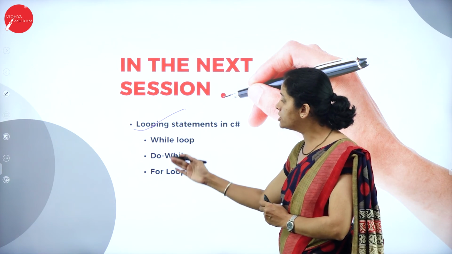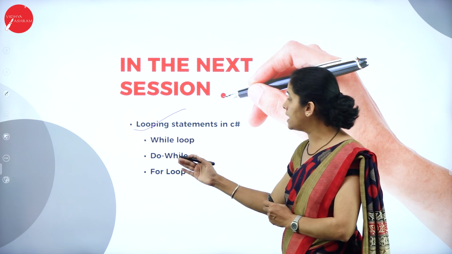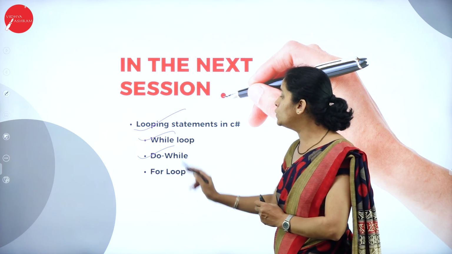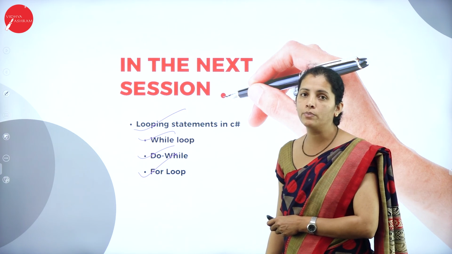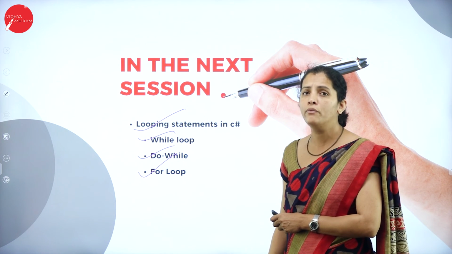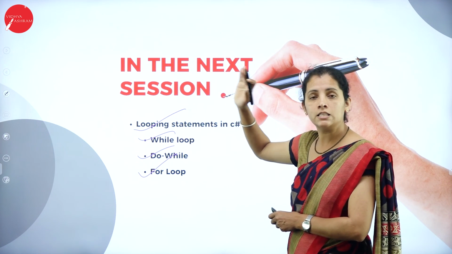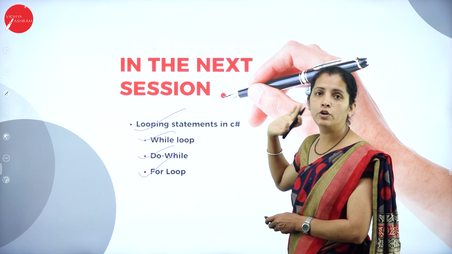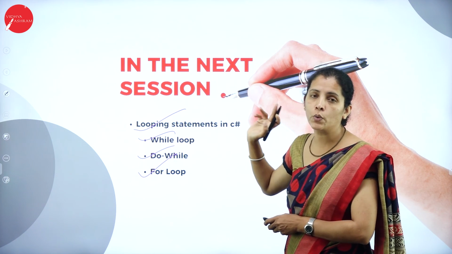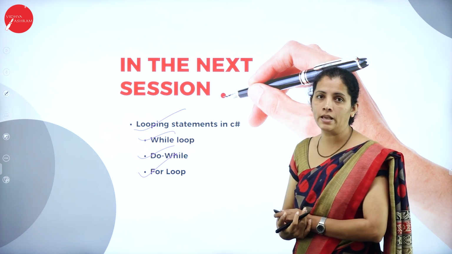And what are the iteration statements I'm going to discuss? That is while loop, do while and for loop. So dear student, from the examination point of view, the decision making statements are very, very important, and you can expect one sure question under this topic.